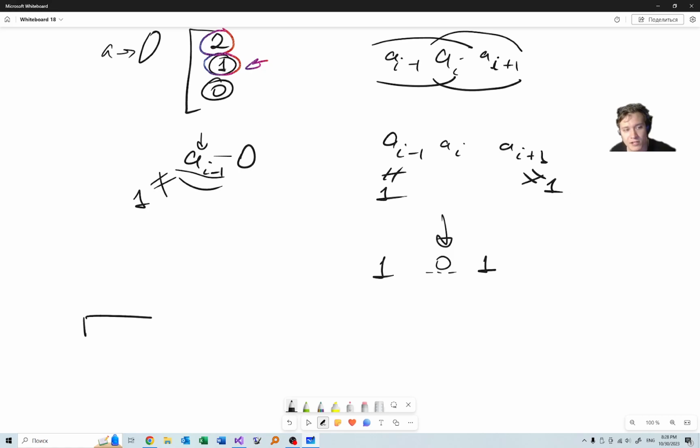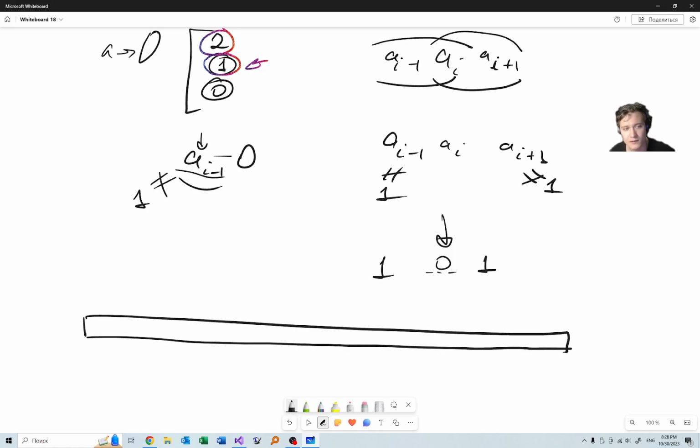So let's look at our array. Notice that if there are two elements which are not relatively prime, they have GCD not 1, then they will never be relatively prime.